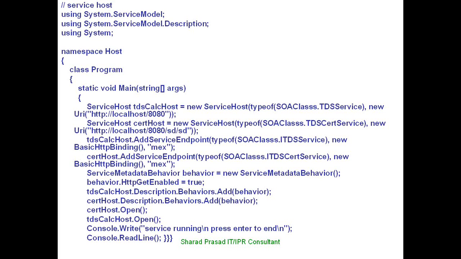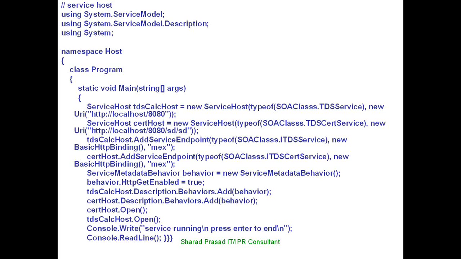So now we have to add the service endpoint. As far as service endpoint is concerned, we have three basic things: A, B, C. A is for addressing, B is for binding, and C is for contract.